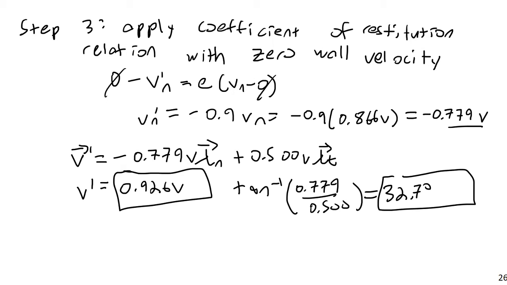Okay, so maybe I'll work through one more example, this time looking at the collision of two particles moving in an oblique impact in two directions. Let's say I have something like this here. So this is going to be an oblique impact of two different masses, each with their own initial velocity.